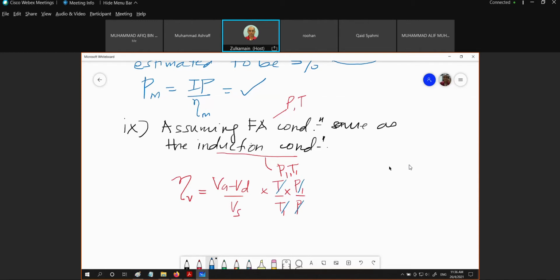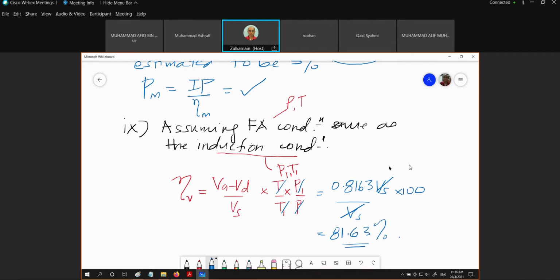So what we have here is only VA minus VD. We have already defined VA minus VD just now, which is 0.8163 VS divided by VS times 100. Then we are going to get 81.63%.